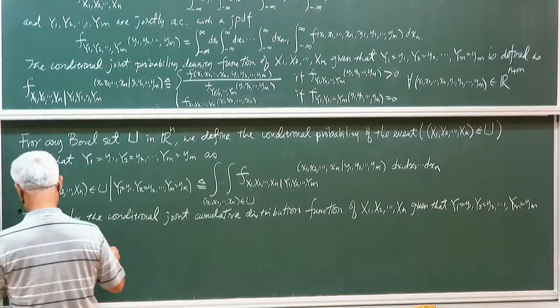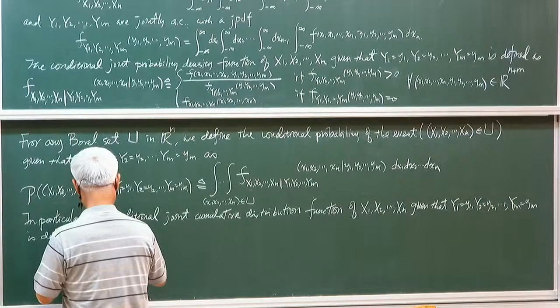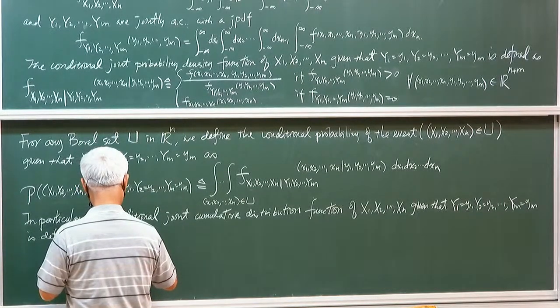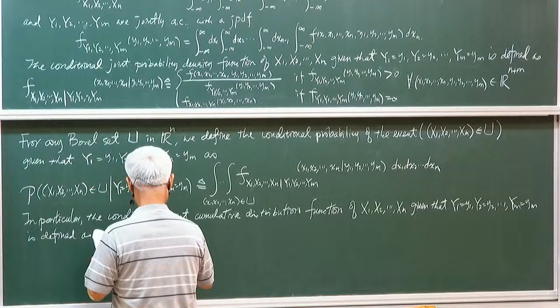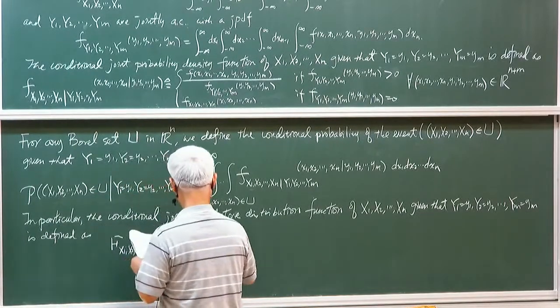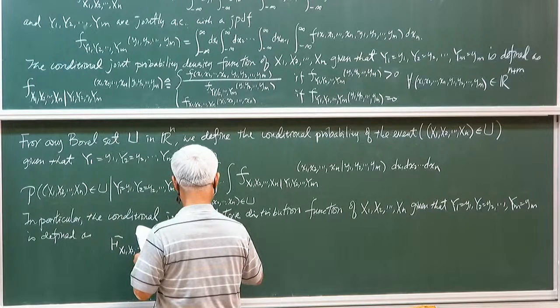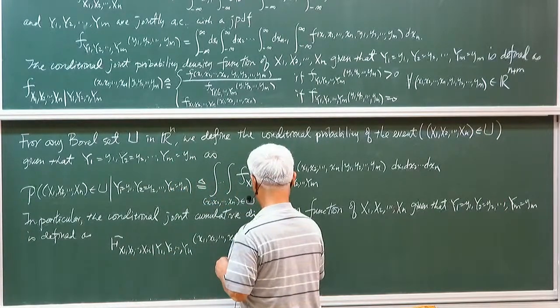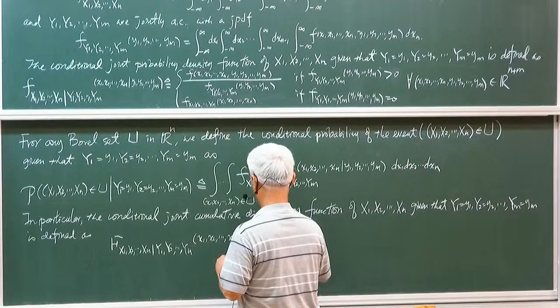So this is F of x1, x2, up to xn, given y1, y2, up to ym.